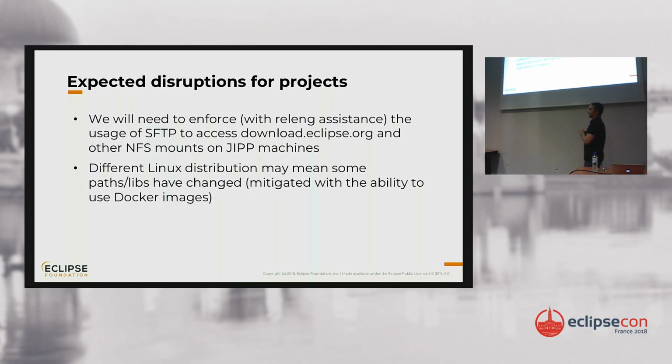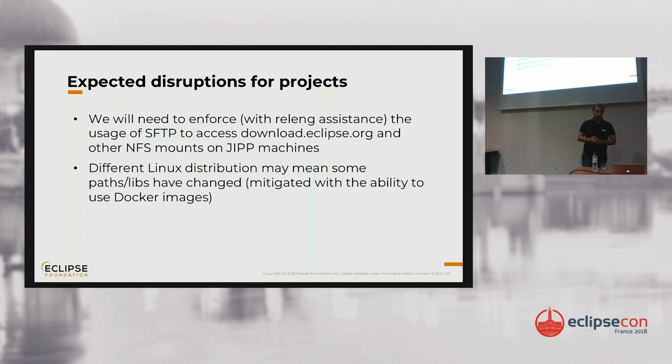One thing that won't be possible anymore is the direct access to the download server. So far, the download server, where you actually promote your builds, is NFS mounted inside each machine running Jenkins. We don't want to do that on the new cluster. It would be very cumbersome and very insecure to provide any Docker image the ability to mount this NFS point.